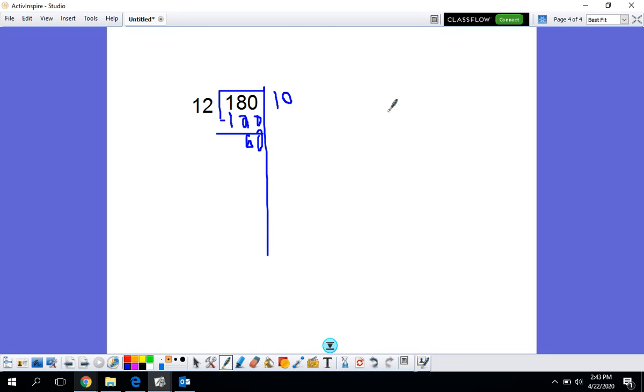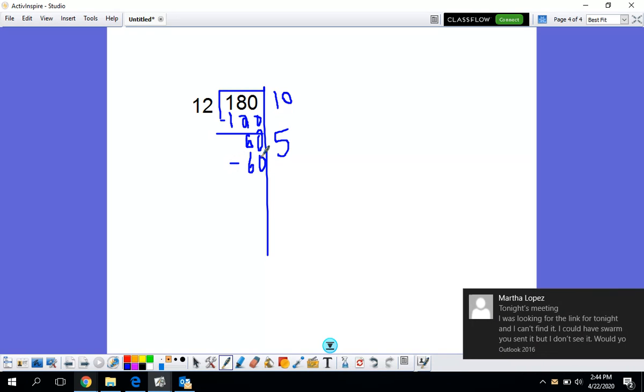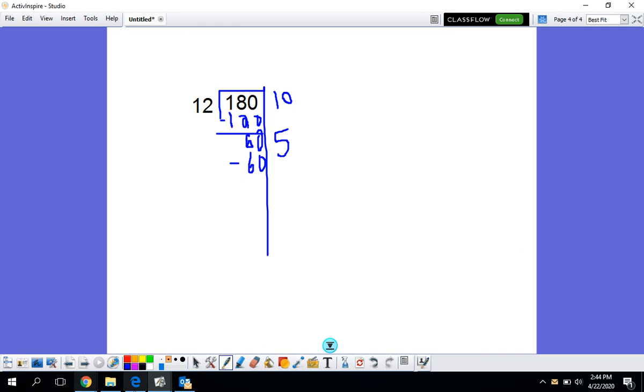Again, I'm going to start with my 5s or my 10s. 10's too much. I don't have enough, so let's try 5. Oh yeah, and 12 times 5 is exactly 60. Again, seeing that you know your multiplication facts, it's very, very simple. If you did not, then you may need to start with a smaller number. 60 minus 60 is 0, so I have no grapefruit left. So it looks like I'm supposed to get 15.